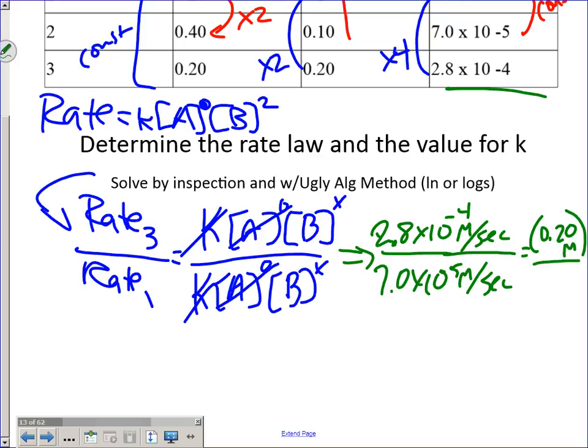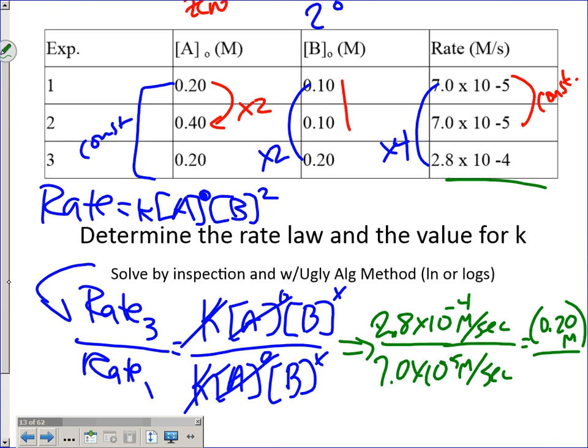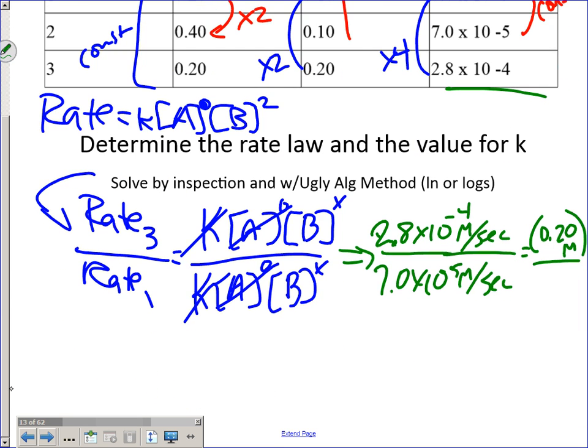What was my B for the first trial? What is it? 0.1, okay. Do you guys see where I'm pulling this data from? I'm looking at the first and third trial, okay. And this is to the x power. So I know you could go, oh, well, how can I simplify? Well, what's 2.8 times 10 to the negative 4th divided by 7.0 times 10 to the negative 5th?